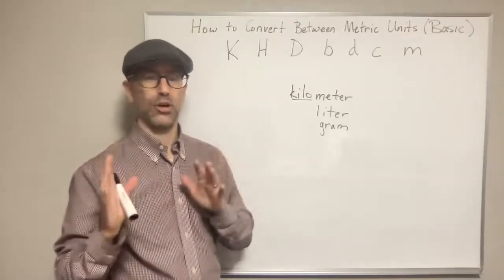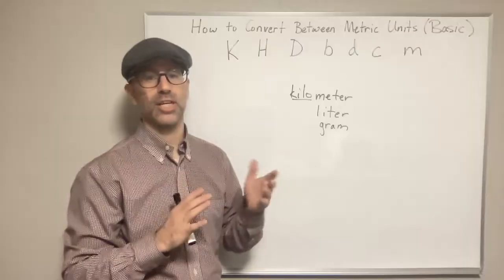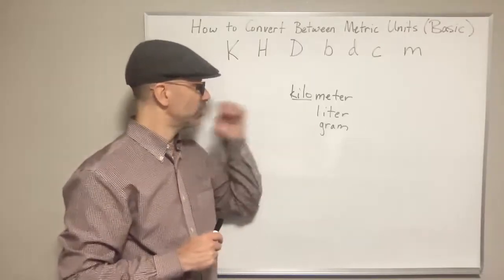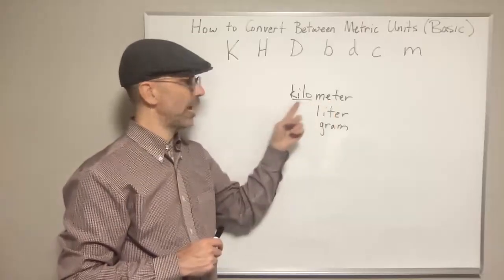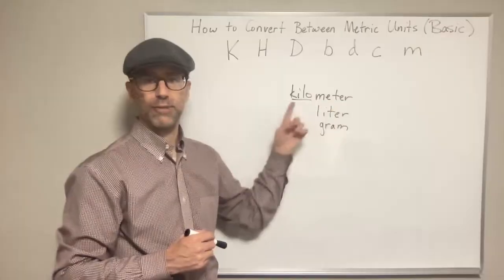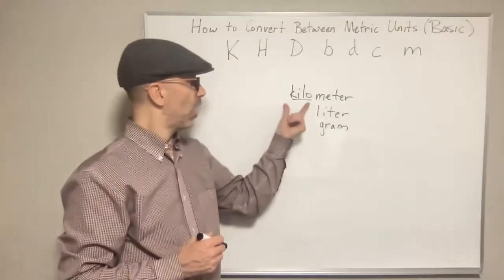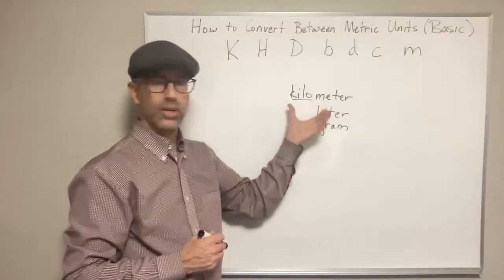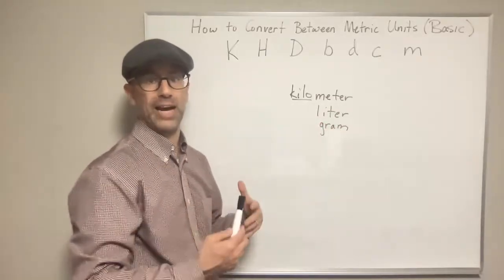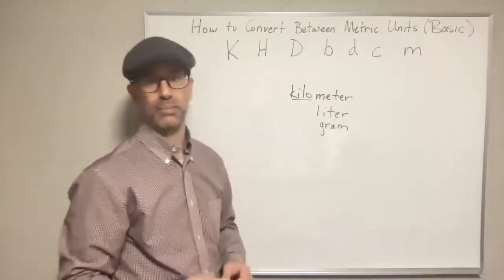So you are either multiplying by factors of 10 or dividing by factors of 10. The difference between a meter and a kilometer is some factor of 10. In this case, it's a factor of 1,000. So a kilometer is equal to 1,000 meters, or 10 to the third, or multiplying by 10 three times, right?